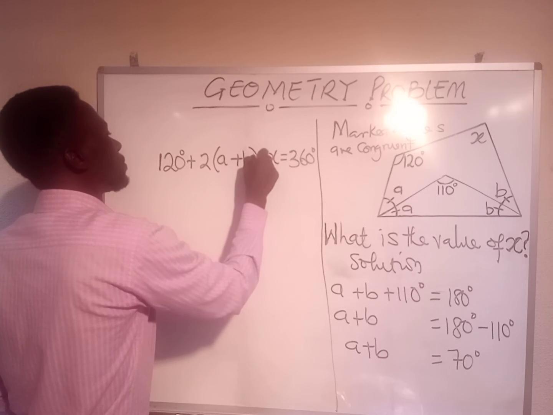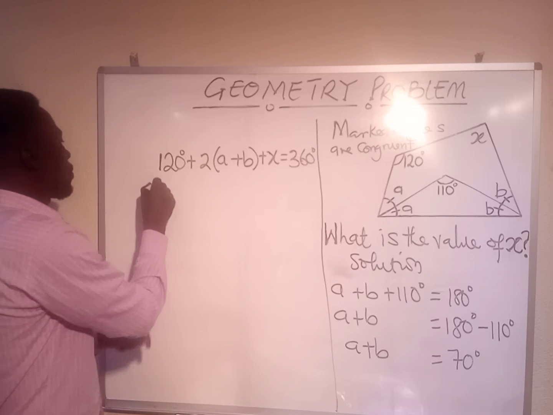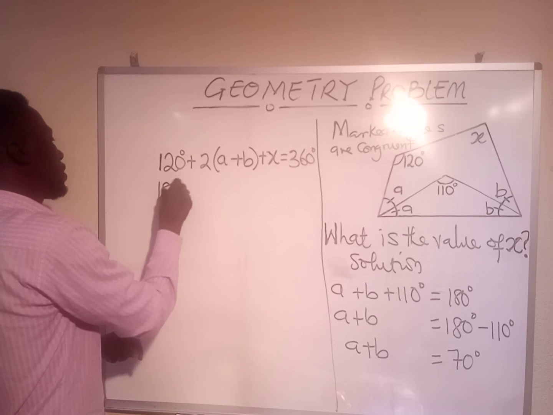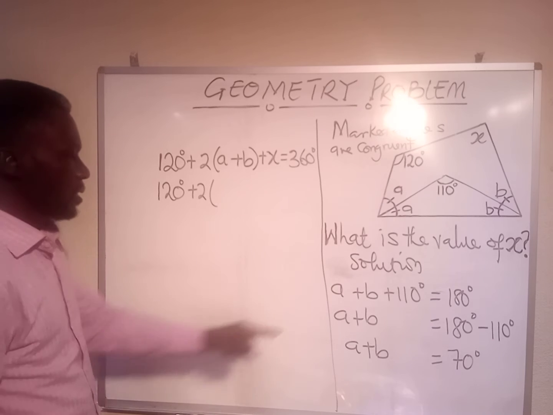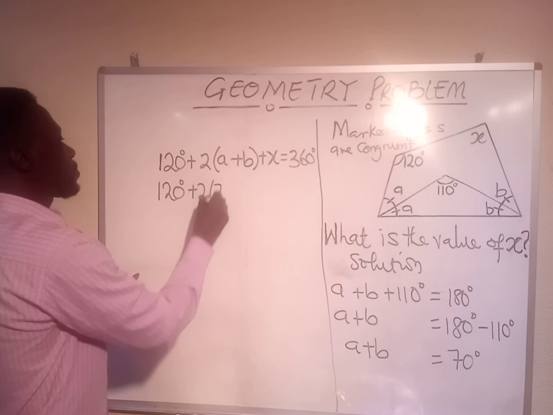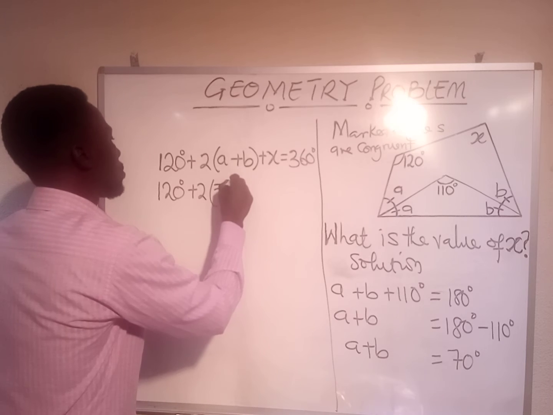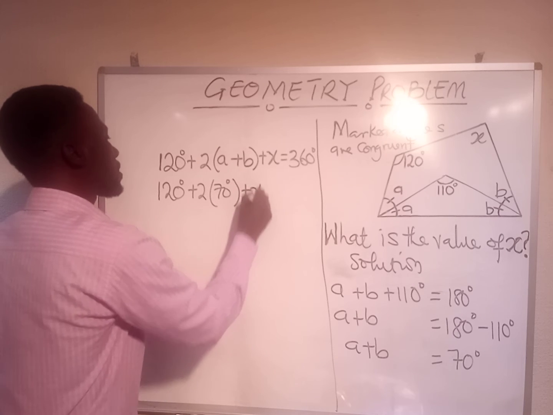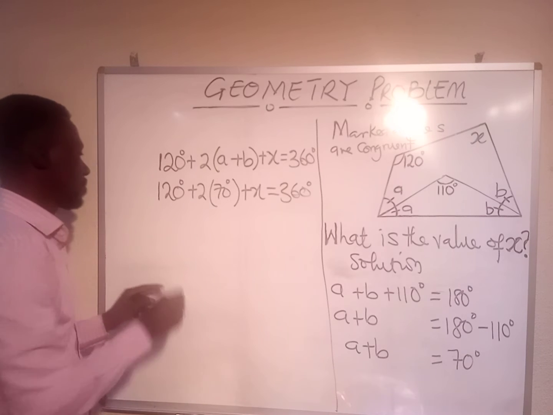All right. So we have 120 degrees plus 2 multiplying (A plus B), which is equal to 70 degrees. So let's put 70 degrees over here because that is A plus B. Then plus our x is equal to 360 degrees.